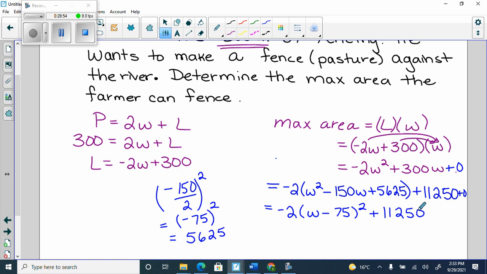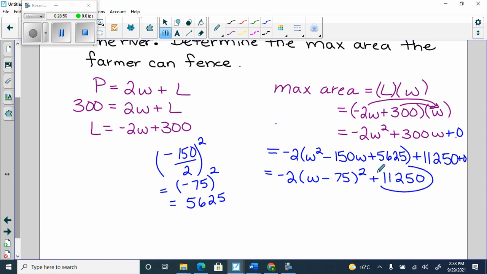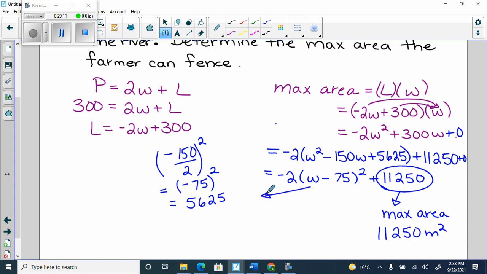So this here is my what? Max area. So this would be the proper unit. It's 11,250 meters squared. And then this is my what? W, so it's my width, equals 75 meters.